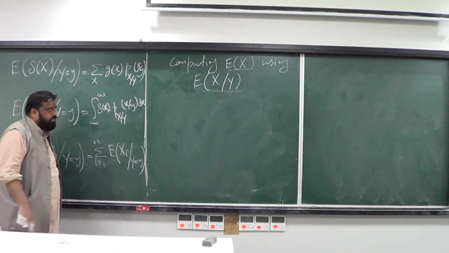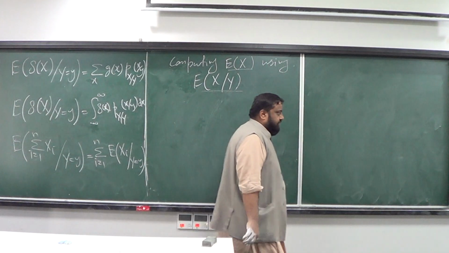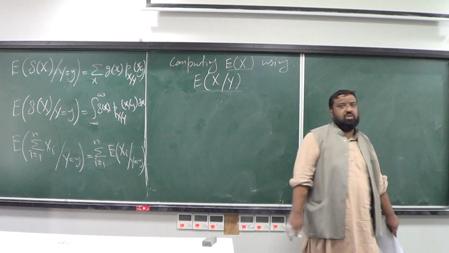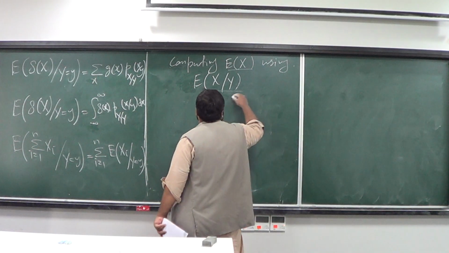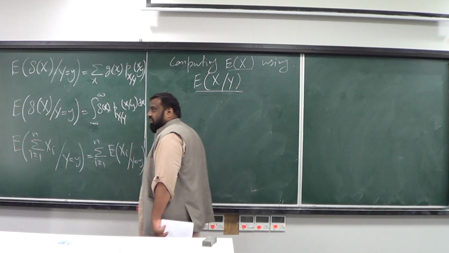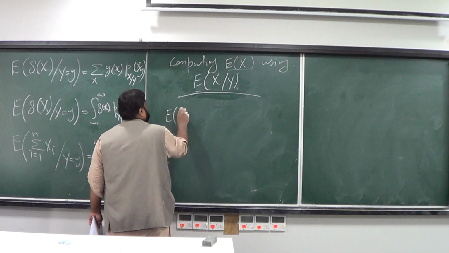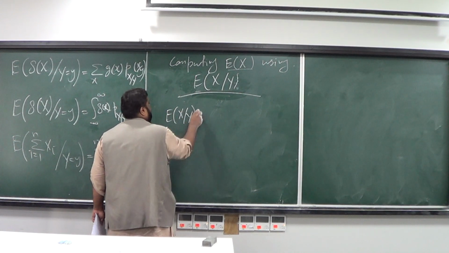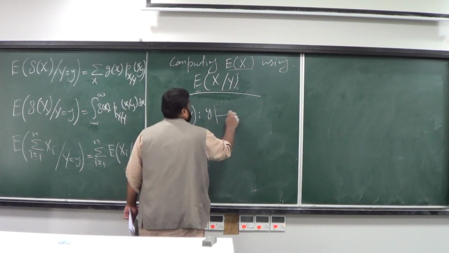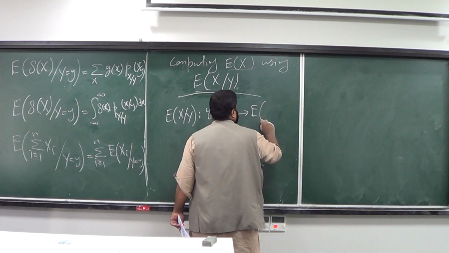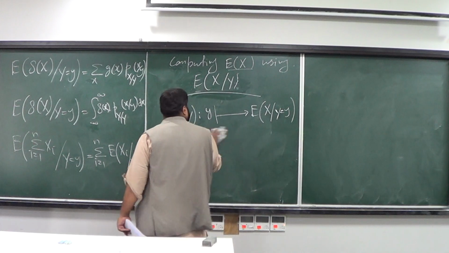By the way, if you carefully analyze, we'll talk more about it when we do the stochastic material, the conditional expectation itself is a random variable. If you treat the conditional expectation of X given Y as a function that takes the value y and gives as output the conditional expectation of X given Y equal to y, then this function is well defined.